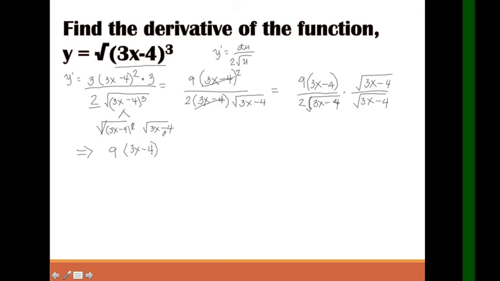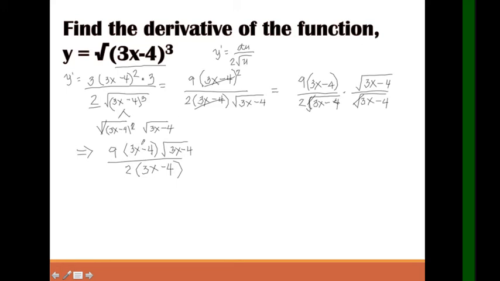Okay, and then square root of 3x minus 4 over, this is kung i-multiply mo yan, usually kasi nagka-cancel lang tayo and then we just copy 3x minus 4. So we have 2 quantity, alisin na lang natin ito para mas mabilis, pwede naman yun. So that is 3x minus 4.